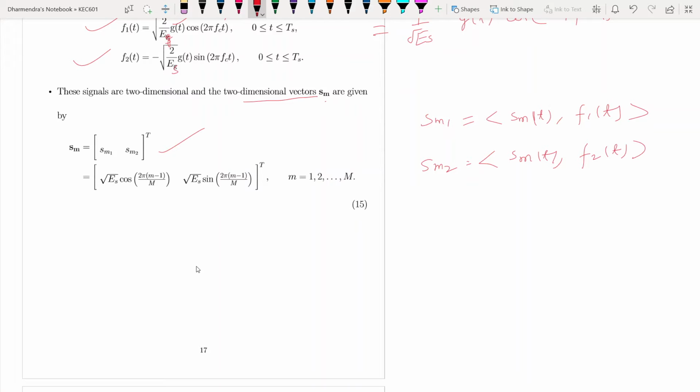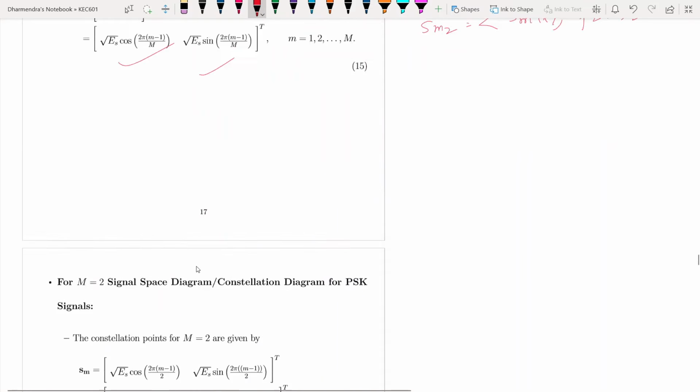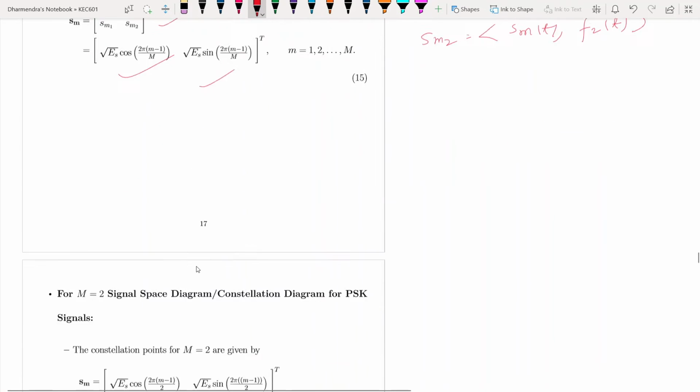This way I will calculate it. So these are the constellation points.